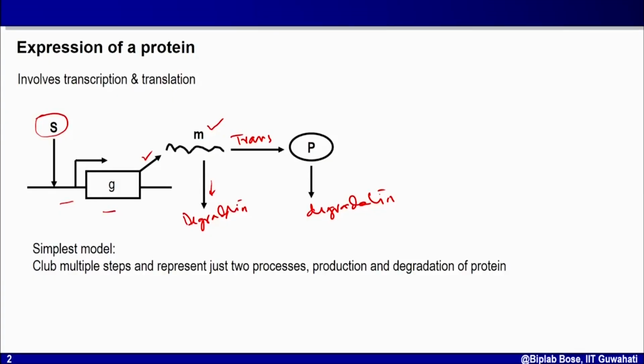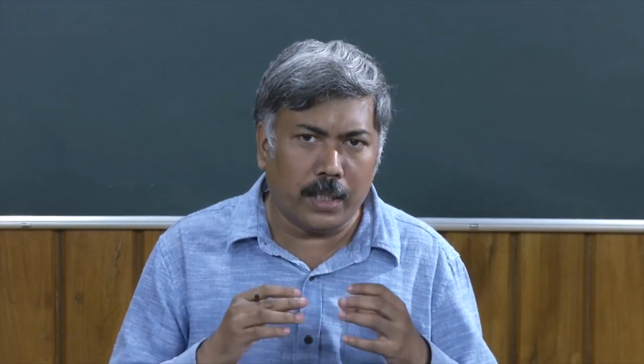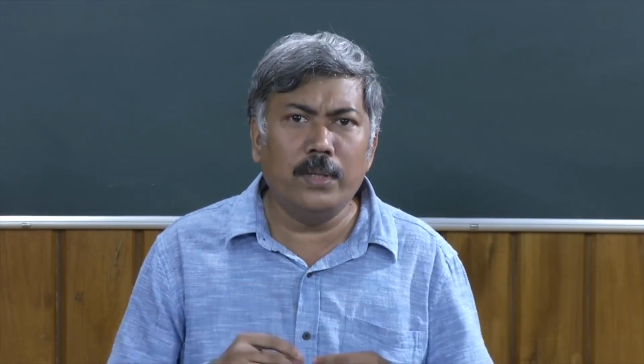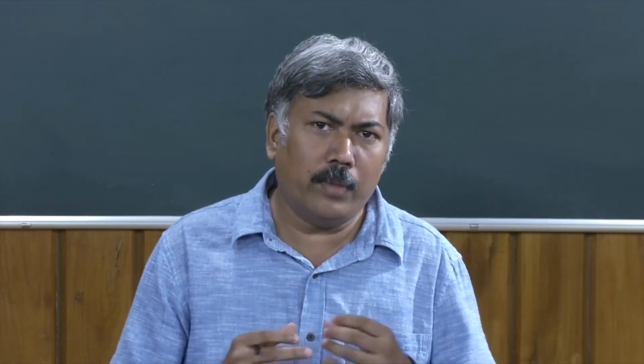Now, in some cases I don't need to separate out transcription and translation as separate entities. I am interested only in the dynamics of the protein, and I'm not much bothered about how the whole process is broken down into different parts.